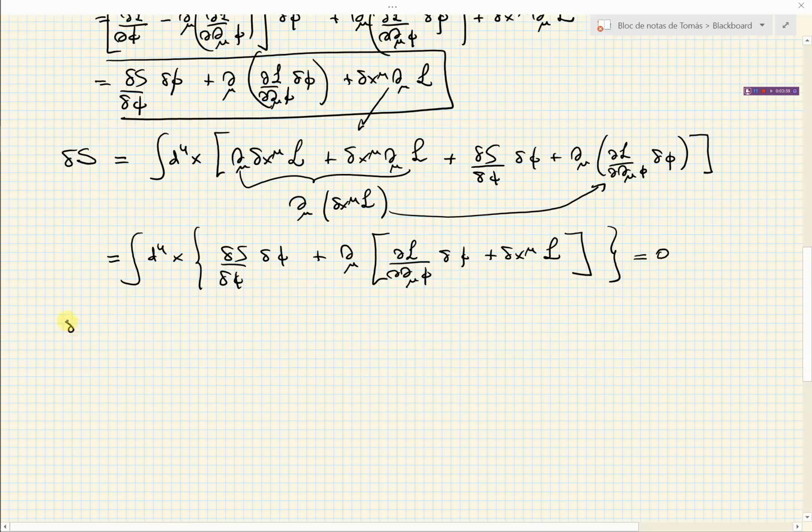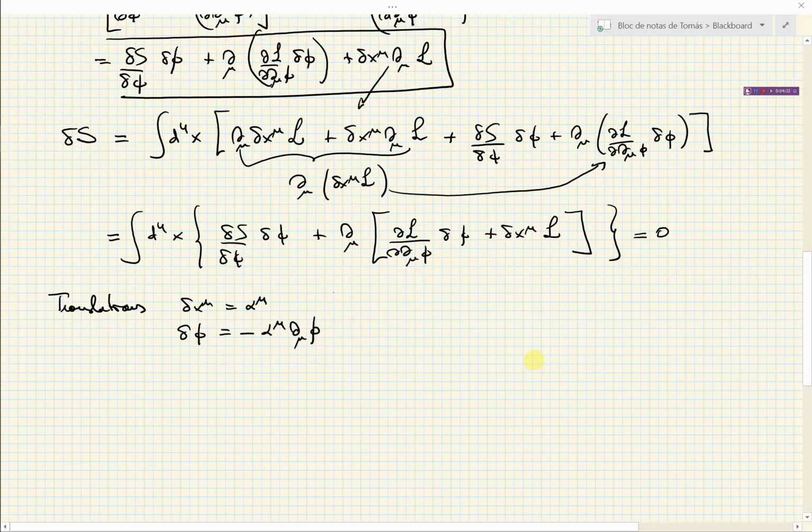So for translations, let me write them. These transformations are, this is just α^μ, and δφ is equal to minus α^μ ∂_μ φ. So now we go to this equation. Of course, since this is always satisfied, the integrand has to vanish, not just the integral.